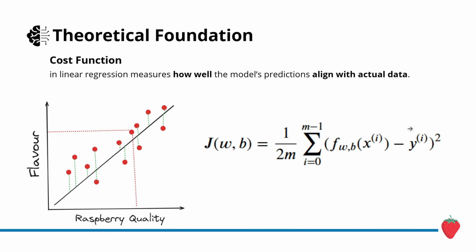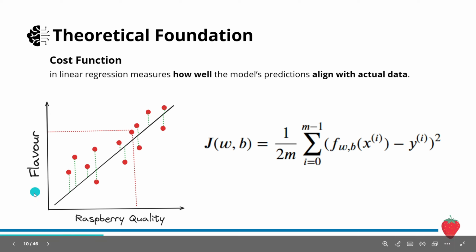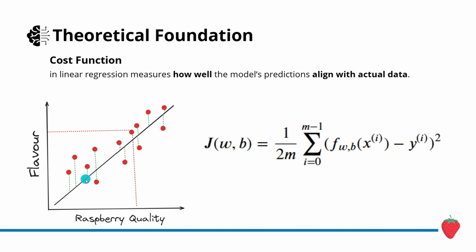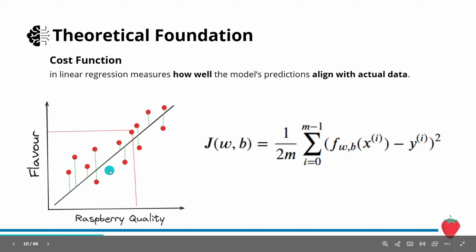The cost function calculates the cost between the predicted value and the real value. Let's say, for example, that we have the raspberry qualities here. Afterward, if we want to introduce new data, where x is here, we directly project it onto this line.